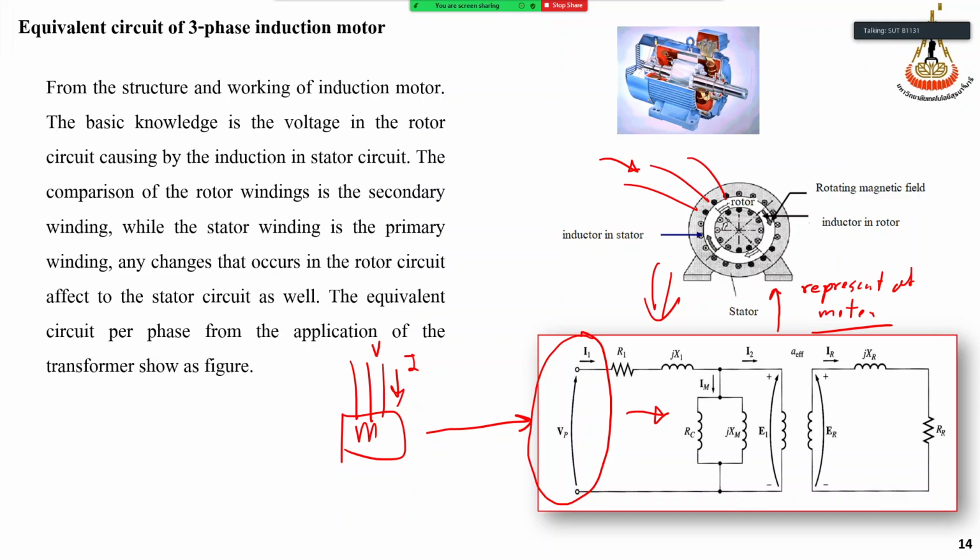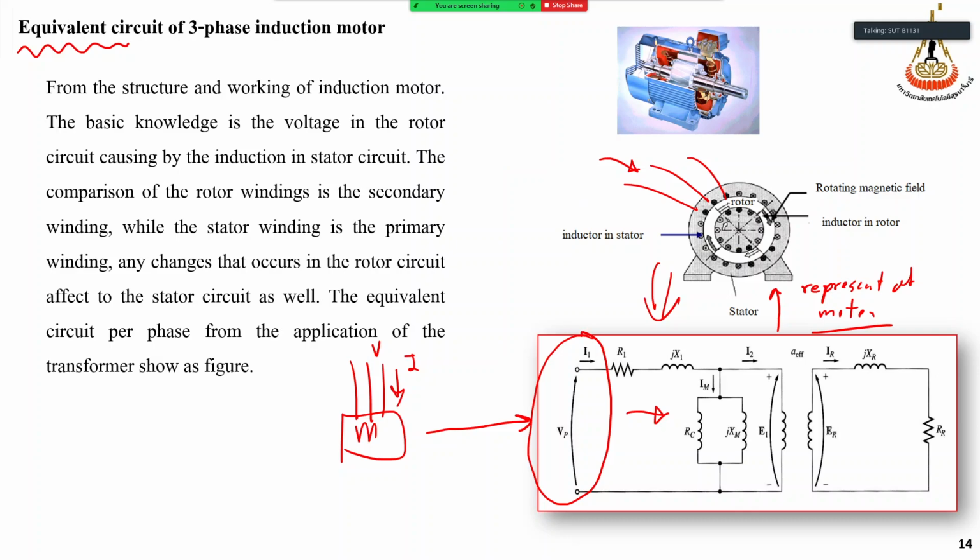The equivalent circuit will tell us how much motor loss, how much motor output, and how much motor torque. It is a very useful technique. So we call this the equivalent circuit. It's not the actual circuit, but this circuit can represent the motor.